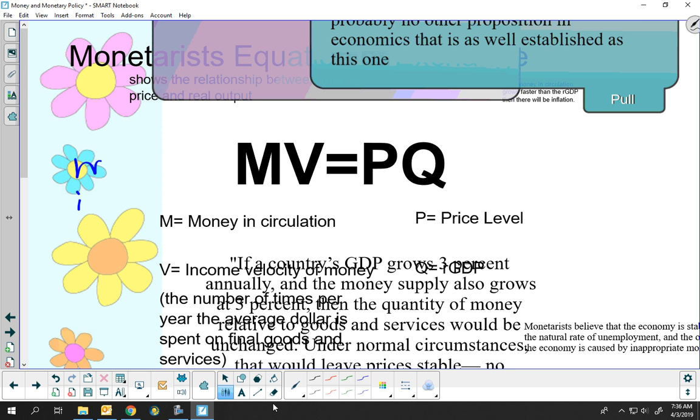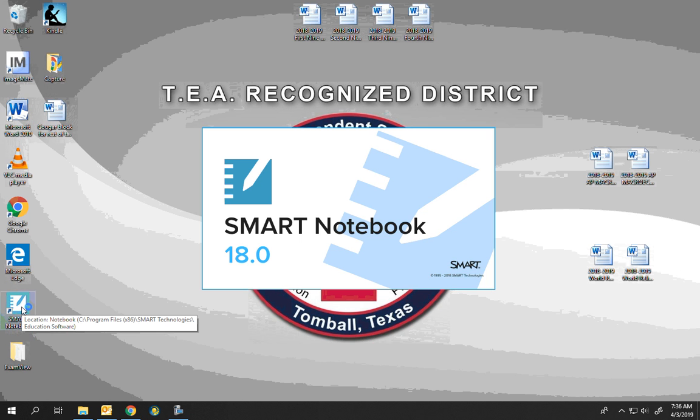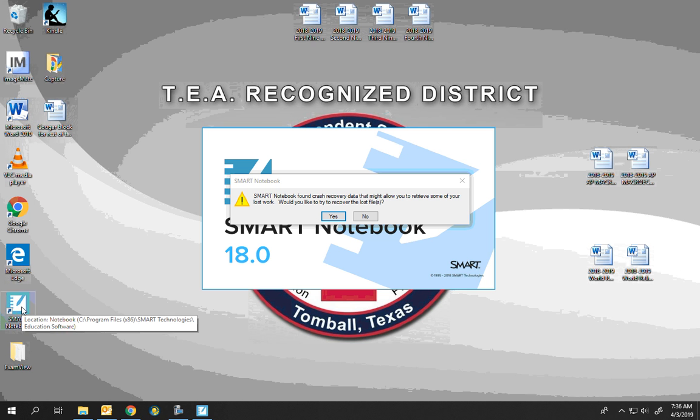Does anyone know what they would call P and Q together? What that would be, if we tacked on price level? But P and Q, if you tacked on price level onto GDP, there's a whole other name for that. Do you remember? If you put price level, which is inflation, onto GDP, what would that be?